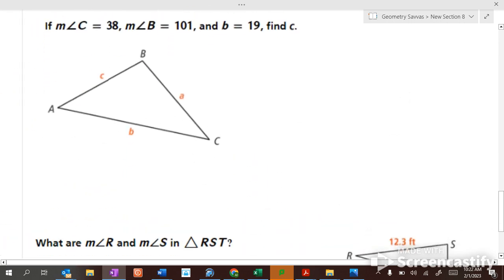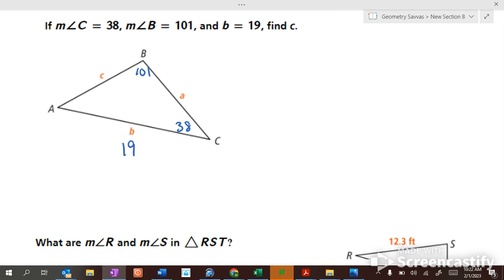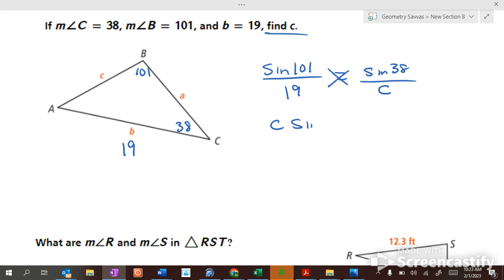All right, so if angle C is 38 and angle B is 101, we know B is 19. We can figure out A and C. Let's figure out C first, since that's what they asked for. So the sine of 101 over its opposite side, which is 19, equals the sine of 38 degrees over its opposite side of C. So if you cross multiply, C sine of 101 equals 19 sine of 38.